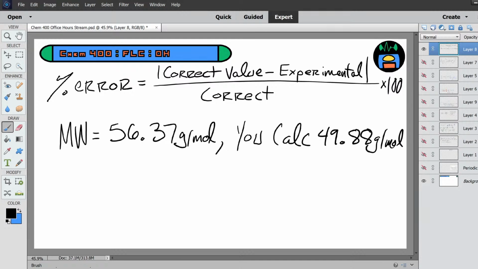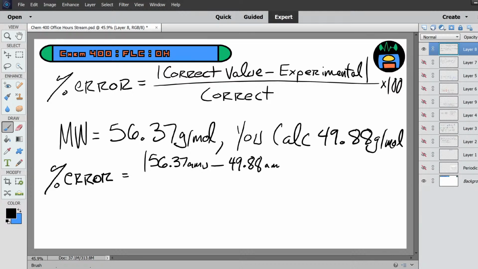All right, the percent error here for your calculation would be the correct value, which is 56.37 AMU, absolute value of that minus your experimental value, what you got from your data, divided by the correct value, times 100.